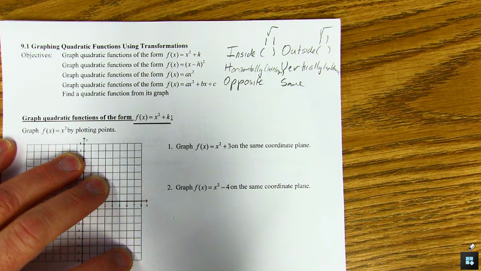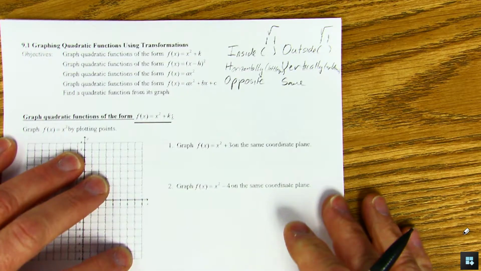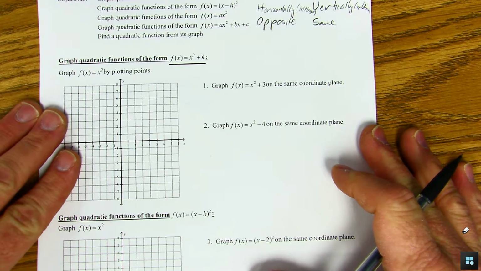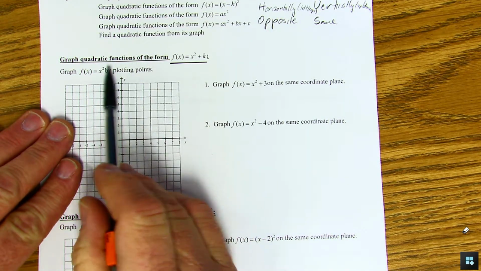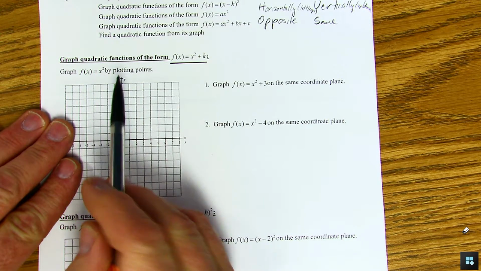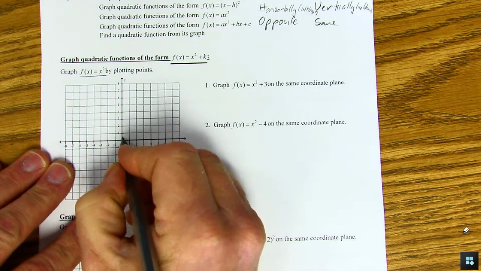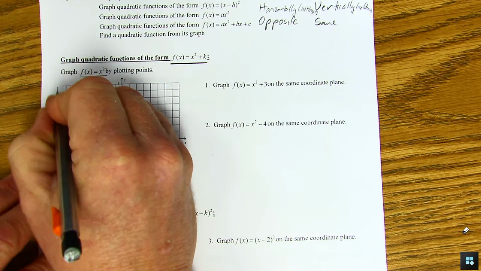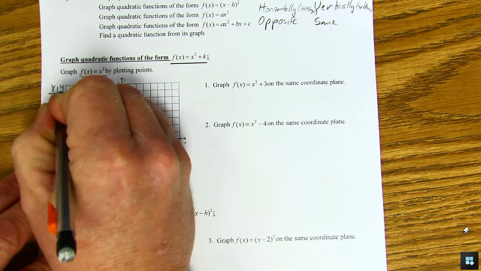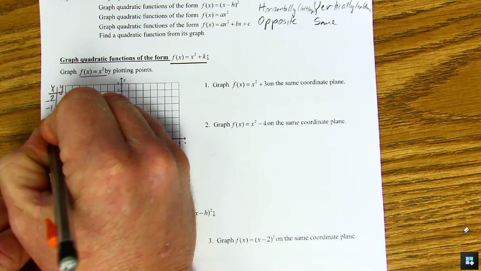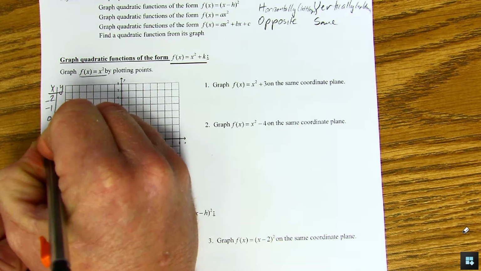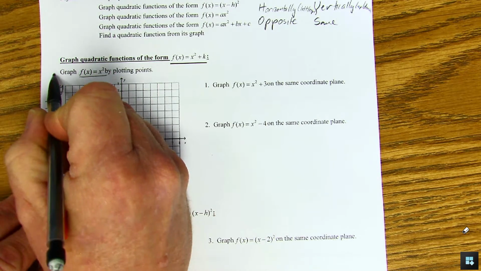So let me show you how this works. I'm going to start off looking at graphing the quadratic in this form. First, they want us to graph what's called the parent function, which is just x squared. So if I did a little t-chart of values for x and y, say I pick -2, -1, 0, 1, and 2, and this of course is for x squared.